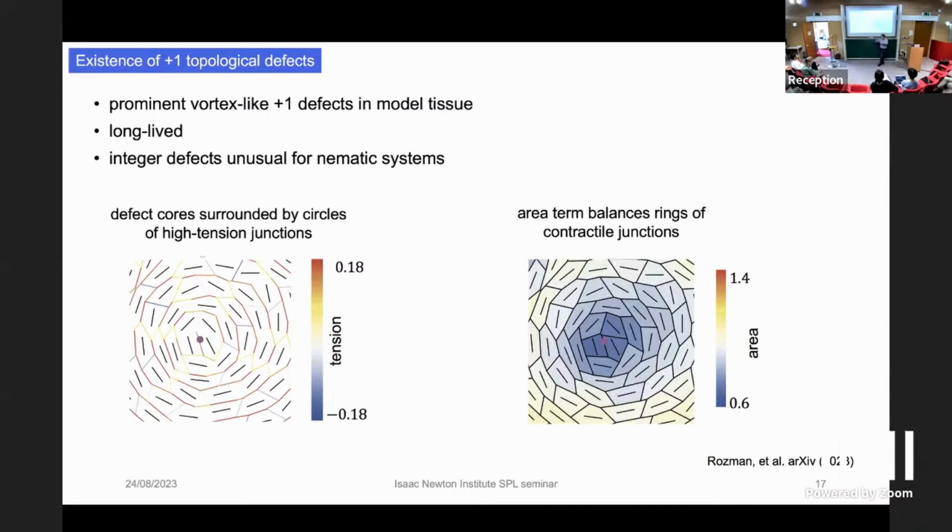So you have like a rubber band around your +1 defect, and this seems to stabilize the defect. Eventually they die out because topological constraints require a total topological charge of 0, and then eventually some -1/2 comes in and makes a mess. -1/2s are extremely rare because you cannot make a simple construction with the loops around them, because they look like inflow and outflow, right?